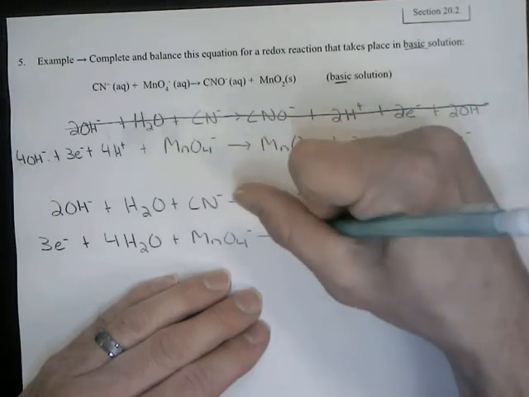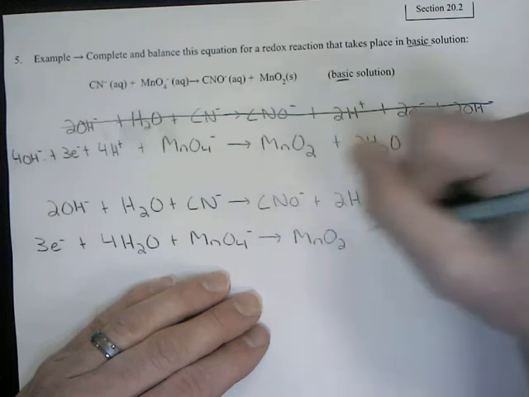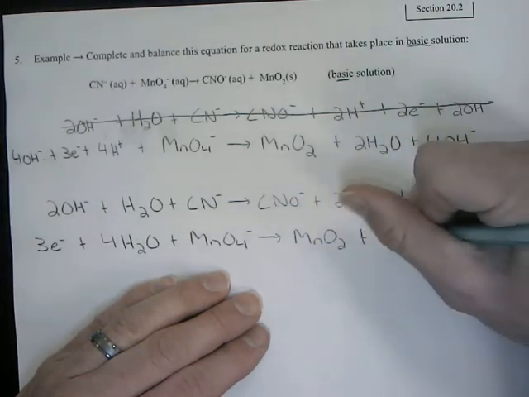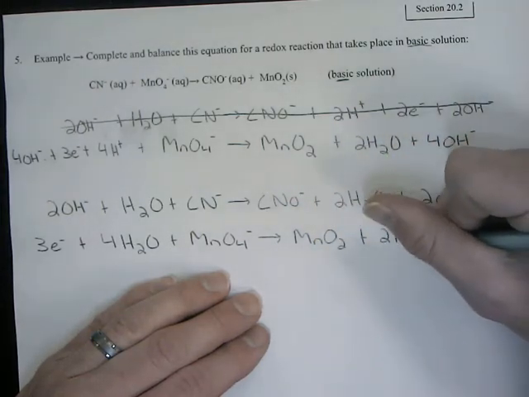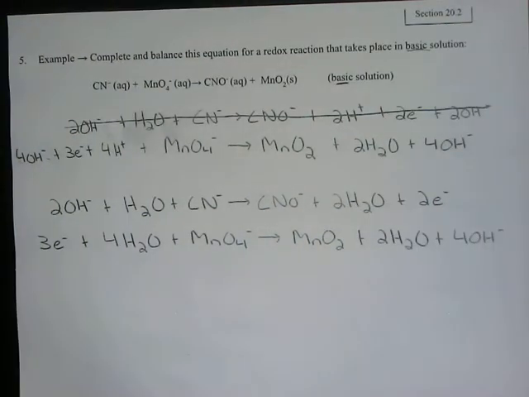That yields MnO2 plus 2H2O plus 4 OH minuses. Okay, so we've just rewritten it to consolidate our waters.